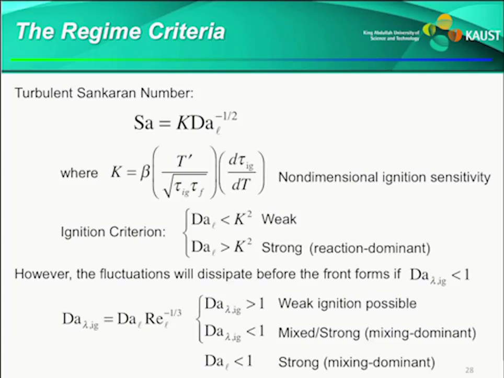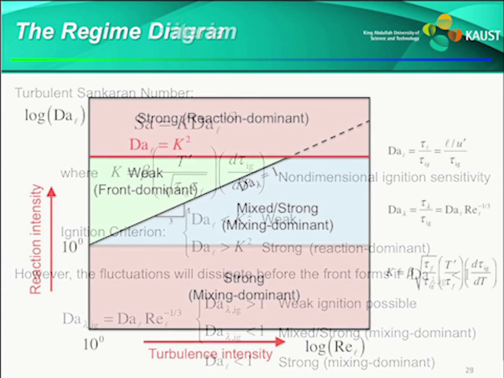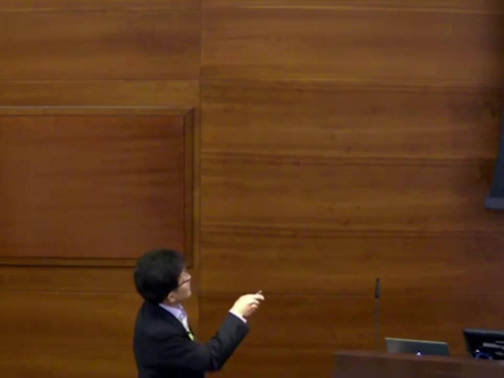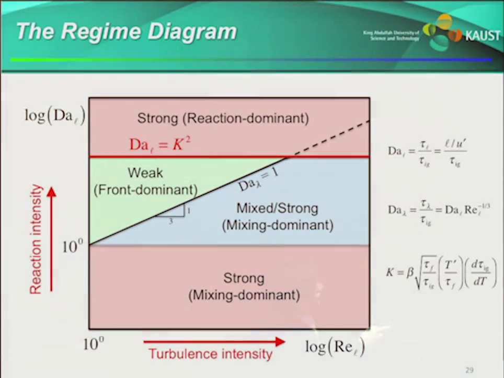With 3 minutes left, this is the final result that I came up with. Again, the standard Williams diagram, not the Borghi version, but I like this one better because it gives us a nice non-dimensional turbulence intensity and non-dimensional reaction intensity. When the Damköhler number is greater than the K-squared factor, we have reaction dominant strong ignition. When it's too low, you have mixing dominant.